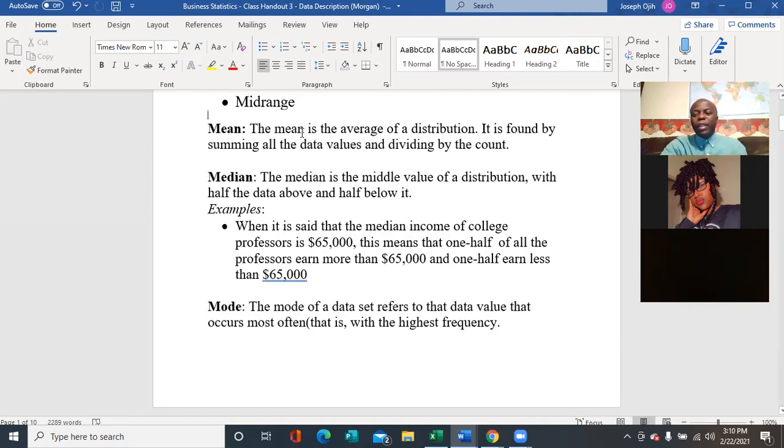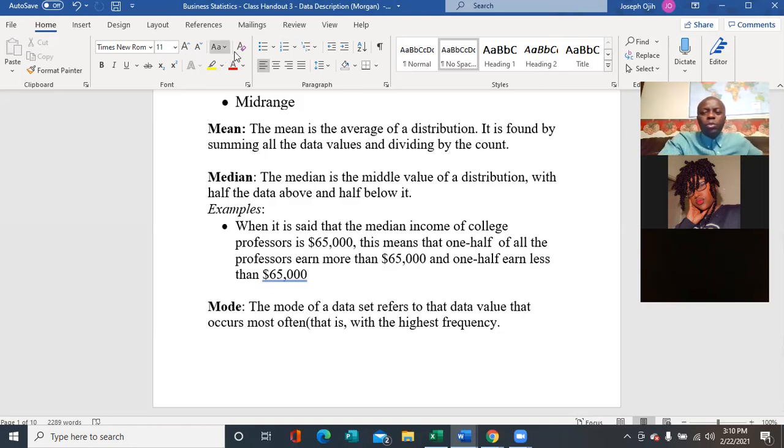So for the mean, you can say the average age of all the students attending this class at Morgan State University, or let's say the average speed, things like that. The median is, like I said, the value at the middle with half of the data set above and half below it.